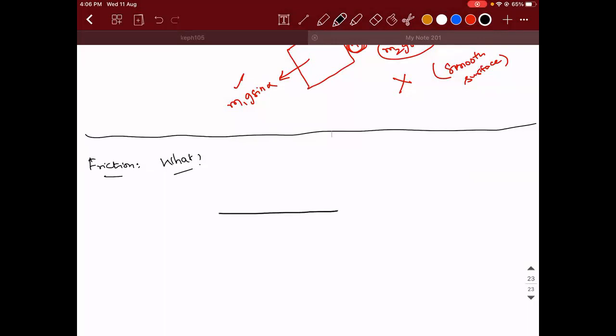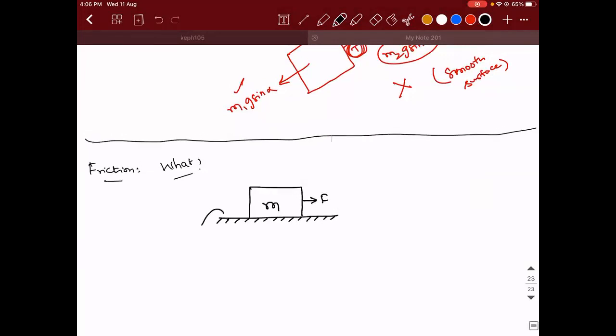Yes, sir. Okay. Suppose I have a fixed surface like this, on which there is a block placed. Let's say the block is of mass m, and the force that you're applying is F. Now, yesterday we solved some problems where the surface was smooth.